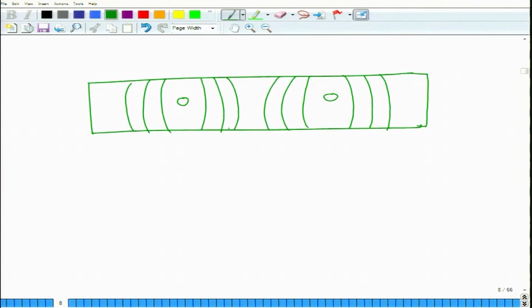So this is for 2 theta 0 degrees, the transmitted side, and this will be 2 theta 180 degrees for the backward side.